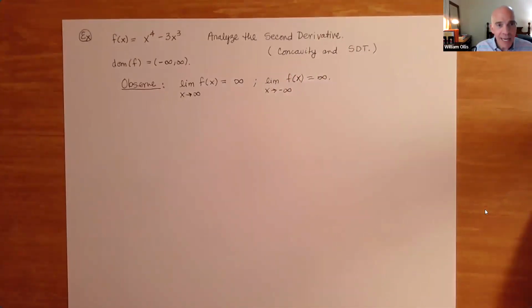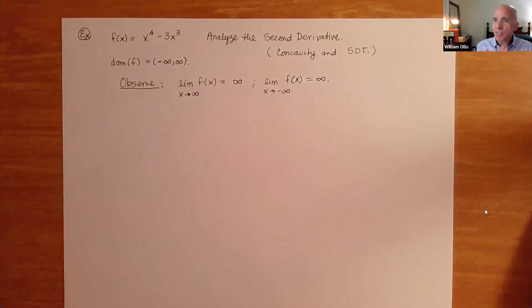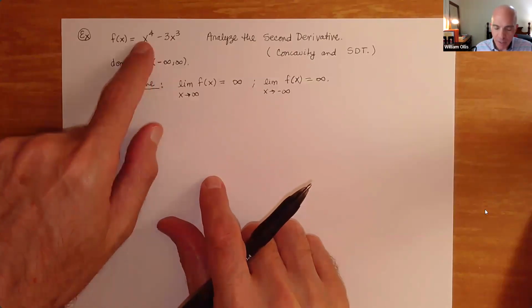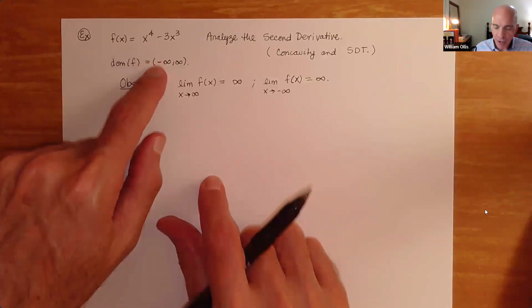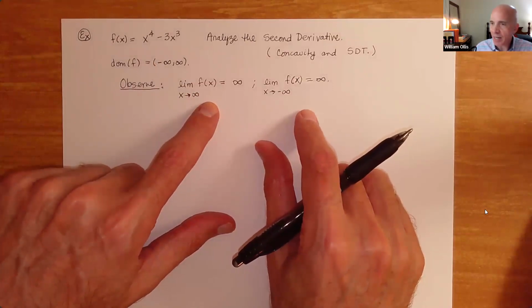So again, when you look at this, the light bulb just comes on and says, okay, well, if we're not restricting the domain of the function, then there is no maximum here. We're not going to have a maximum.